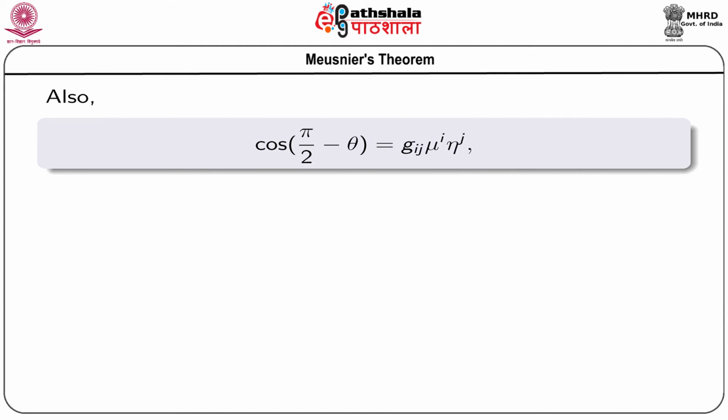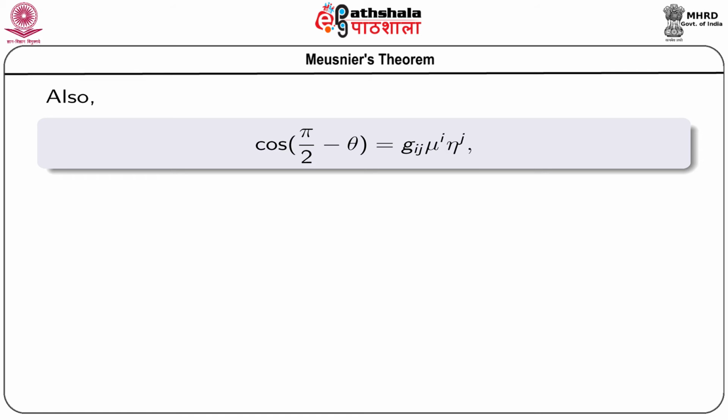Also, the angle between mu^i and eta^j. mu^i is the principal normal vector of the curve, and eta^j are the components of the surface normal vector, but these are the space components. So, the angle between mu^i and eta^j is pi/2 minus theta.